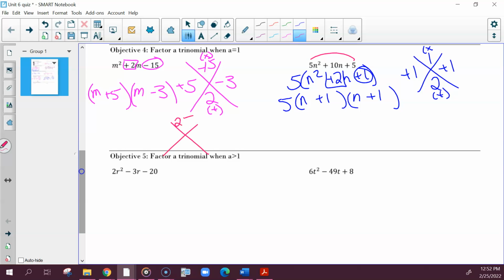So we're looking for two numbers that multiply to be 25, and this is how we would do all of the questions in Objective 5. But they need to add to be 10. What are two numbers that would multiply to be 25 but add to 10? 5 and 5, if they're both positive.